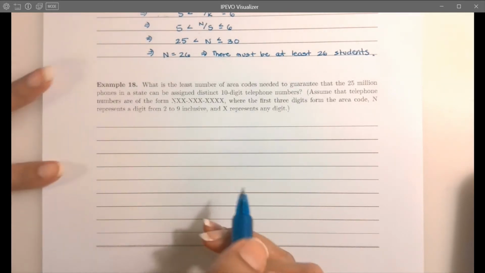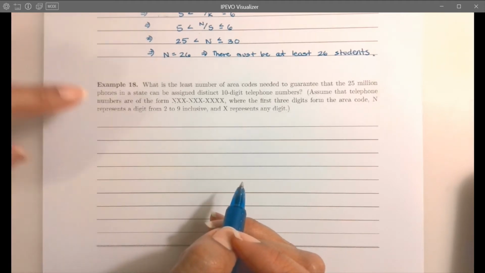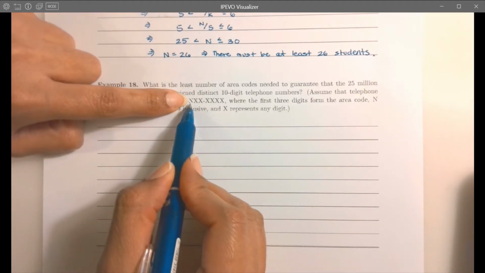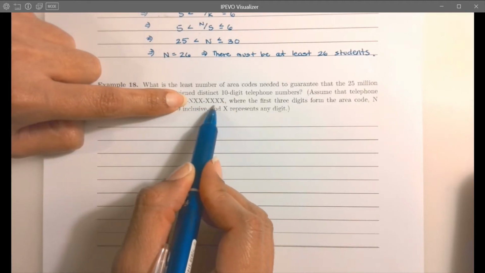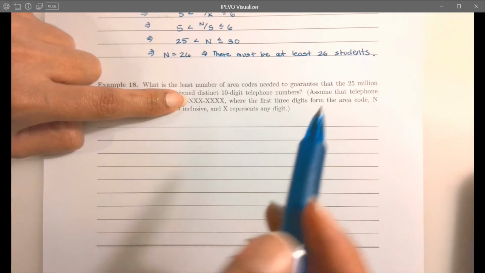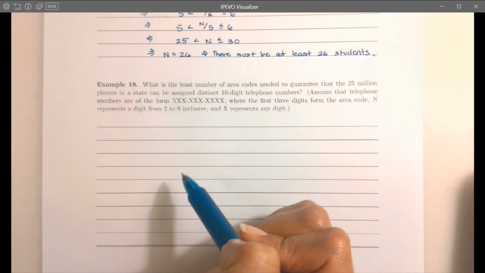Okay. So in order to solve this problem, again, we're trying to look at how many different area codes we need. We should probably take a look at how many different telephone numbers can be generated that have this format. And then once we've found out what that number is, you can think of those as being categories.